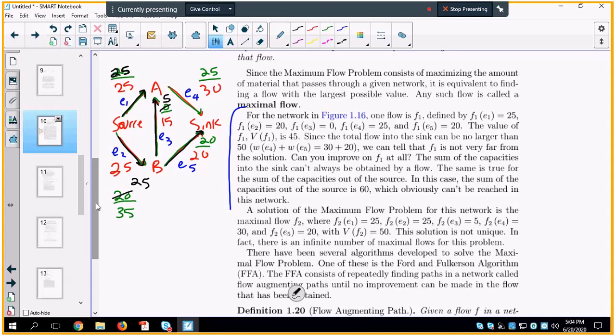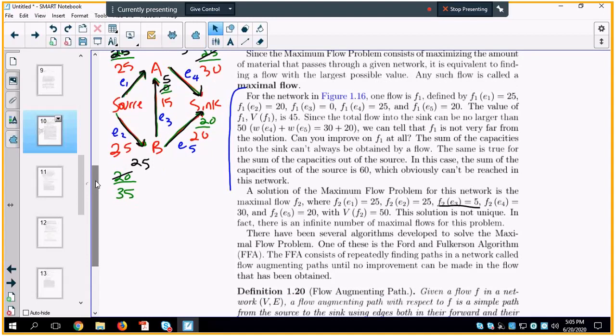So my new flow through E3 would be 5, and that changes my flow through E4 now to the maximum of 30. So we could define the second flow instead, and then we'd have a maximal flow. Notice that this is not a unique solution. So for this problem, there are infinitely many solutions.